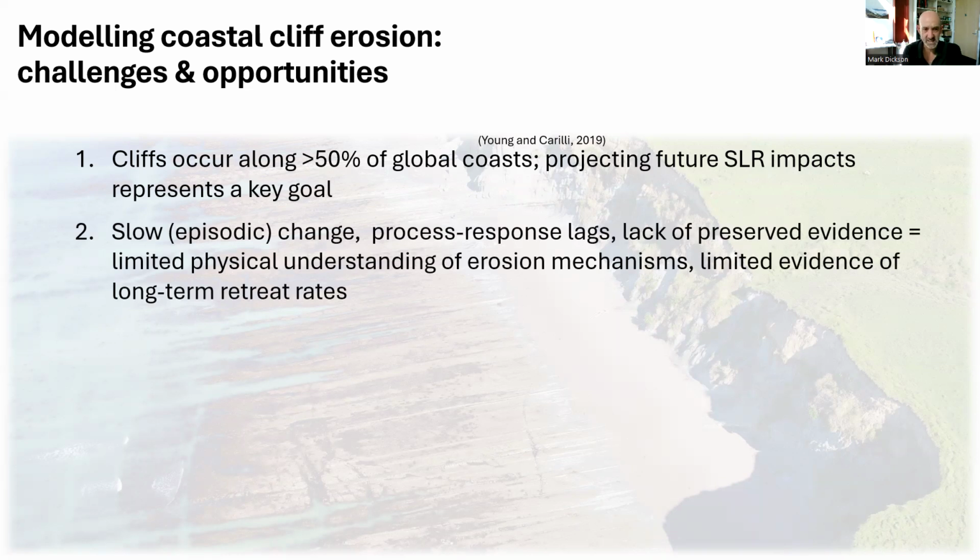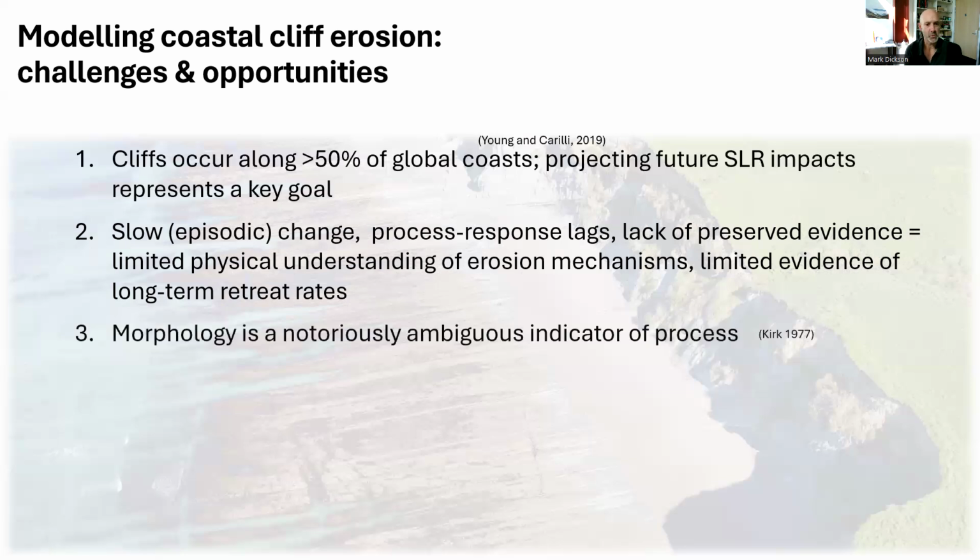As mentioned in the last slide, there are often lags between process and response. And there's a fundamental lack of preserved evidence on eroding coastlines. The evidence has been removed away, unlike depositional coasts, for example. And all of this comes together to result in relatively limited physical understanding of coastal cliff erosion mechanisms, and limited evidence of long-term coastal retreat rates with which to constrain our numerical models.